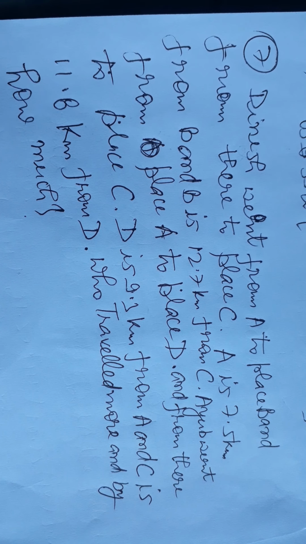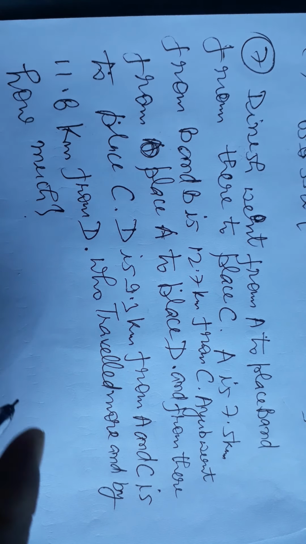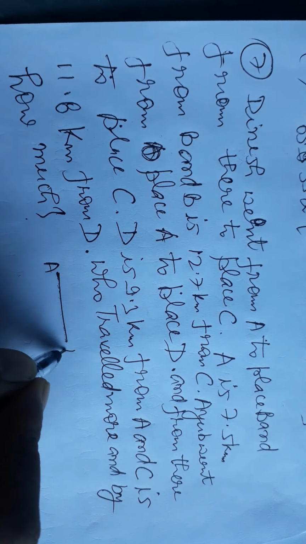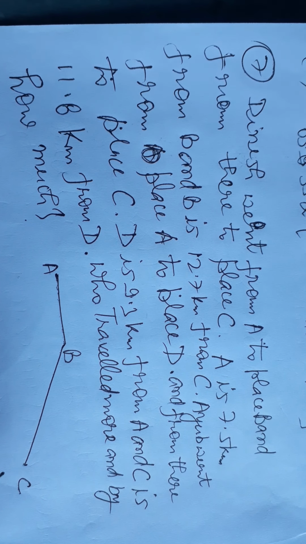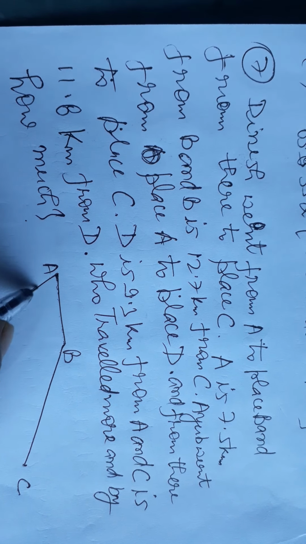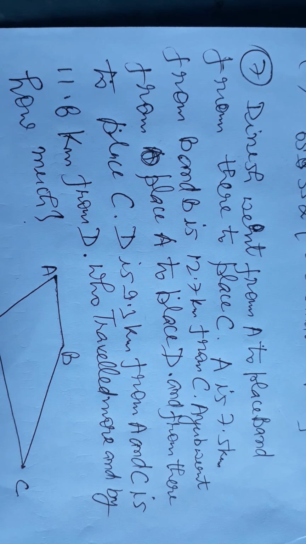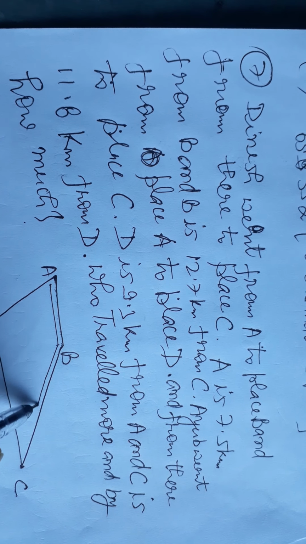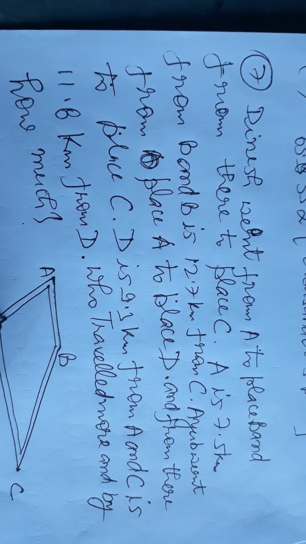One figure is also given in this question: A to B, then B to C, and again A to D, and D to C, and another line is also drawn.